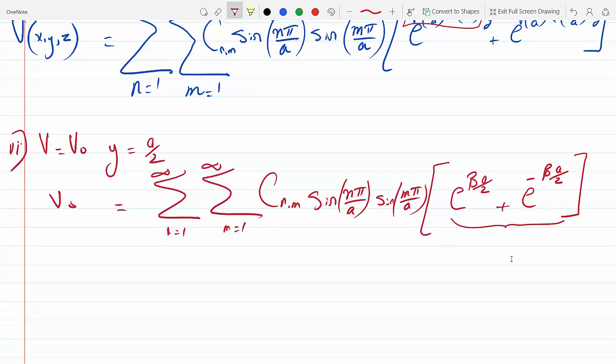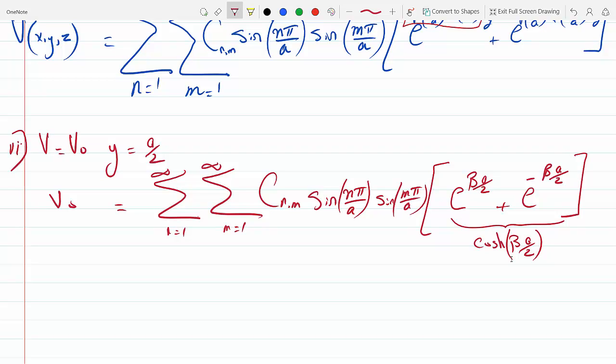Okay, and what is this here? This is cosine hyperbolic beta a over 2 times 2. So I could replace this with the cosine hyperbolic beta a over 2, right? This is a constant. Okay, now how do we get our coefficients?